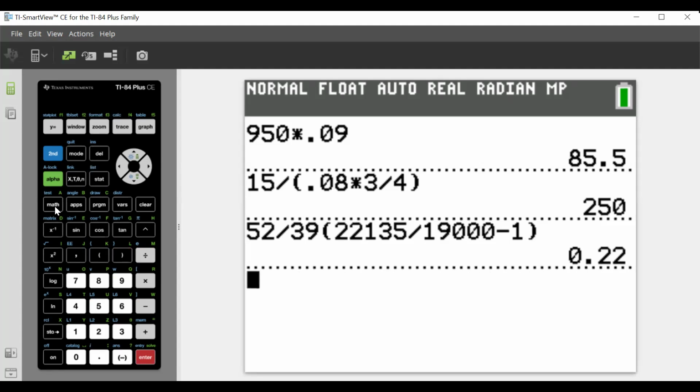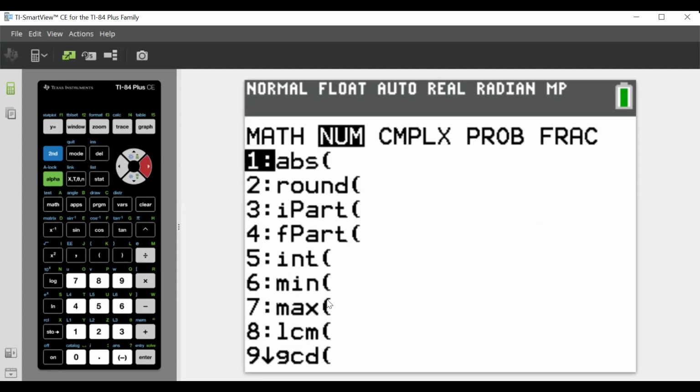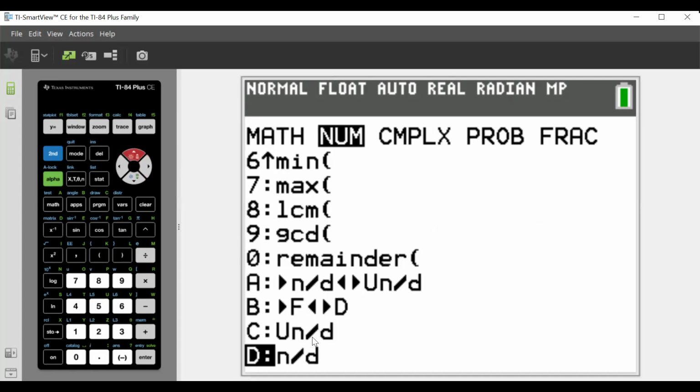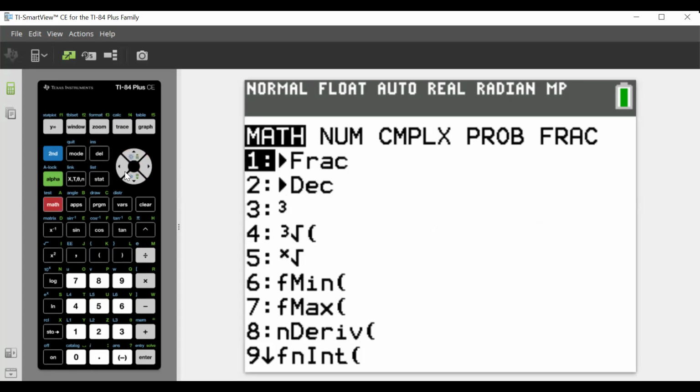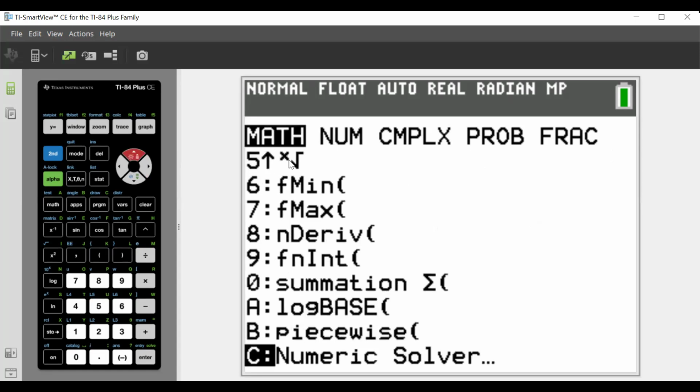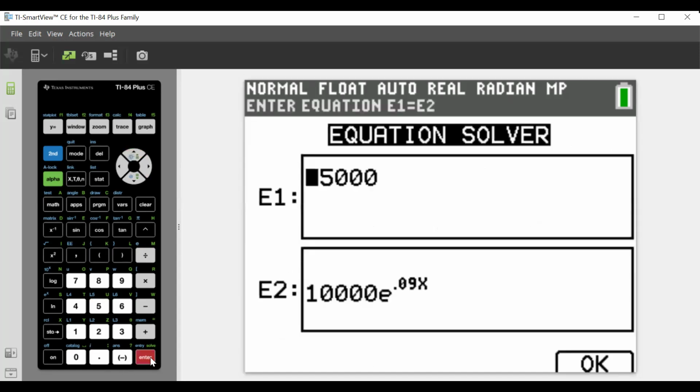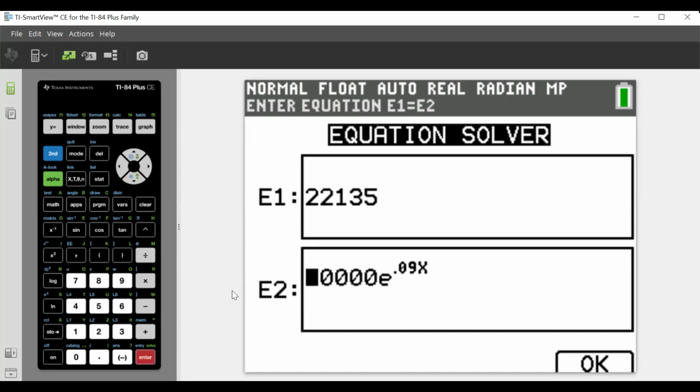So what we're going to do is go to math, and then arrow up until we hit numeric solver. I don't know why I arrowed over. Math, arrow up, hit numeric solver. And what we're doing is typing the equation as we wrote it down the first time, which is 22,135 as the left side, equation 1 of the equation.